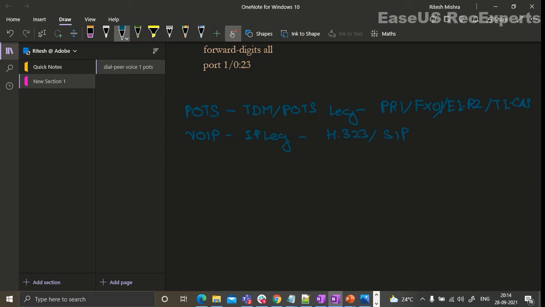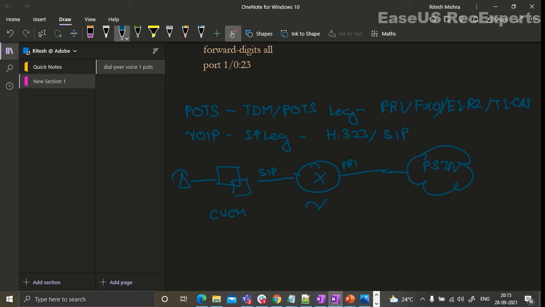To explain this in a simple call flow, suppose you have an IP phone registered on CUCM and a voice gateway running SIP, with a PRI connection to the PSTN.